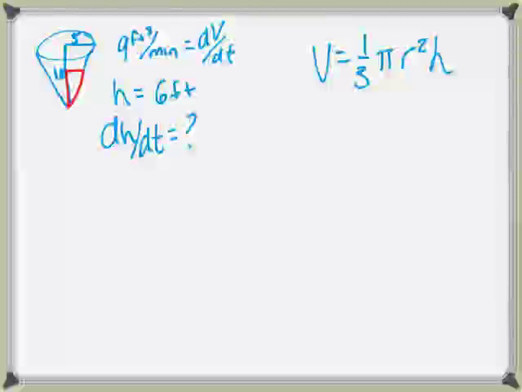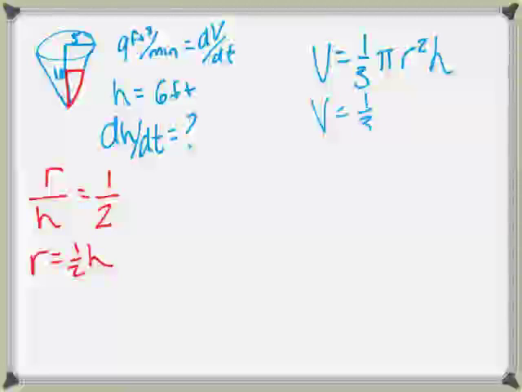So we can set up a secondary equation and say that radius to height is equal to 1 to 2. That's a ratio that can relate radius to height. So our radius is always going to be equal to half of height, no matter how high the water is. And we can plug that into our starting equation and get rid of a variable.